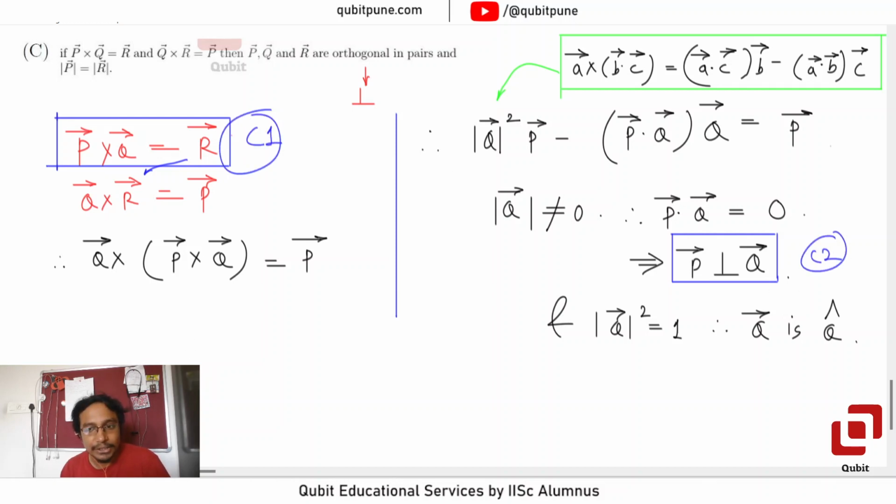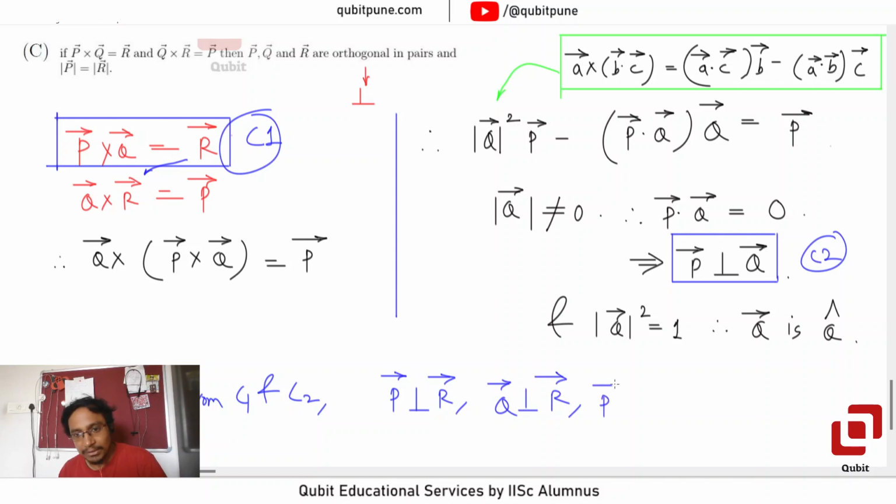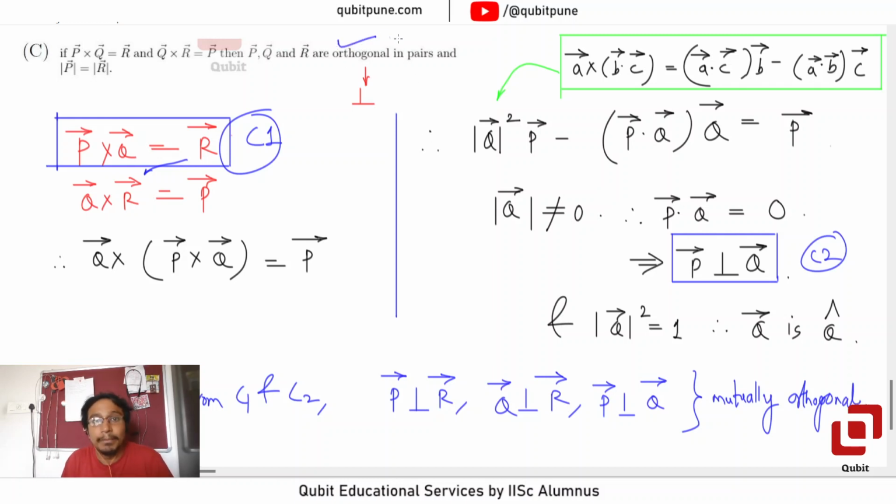So from C1 and C2, what can I write? I can say P bar perpendicular to R bar, Q bar perpendicular to R bar, P bar is also perpendicular to Q bar. Meaning they are mutually orthogonal. So this part is proved, but it's an 'and'.